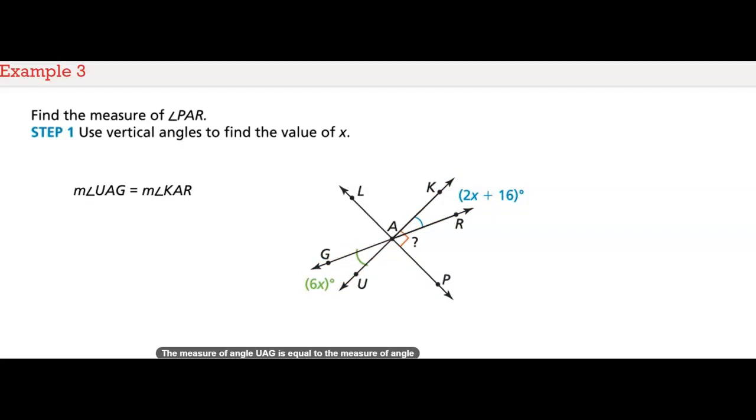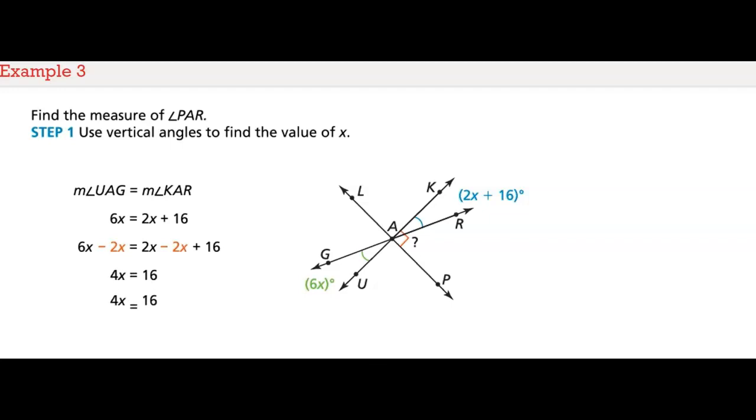The measure of angle UAG is equal to the measure of angle KAR. Substitute the expressions of x that represent the two angles. Then simplify the equation by subtracting 2x from both sides to find that 4x equals 16. Divide both sides by 4 to find that x equals 4.